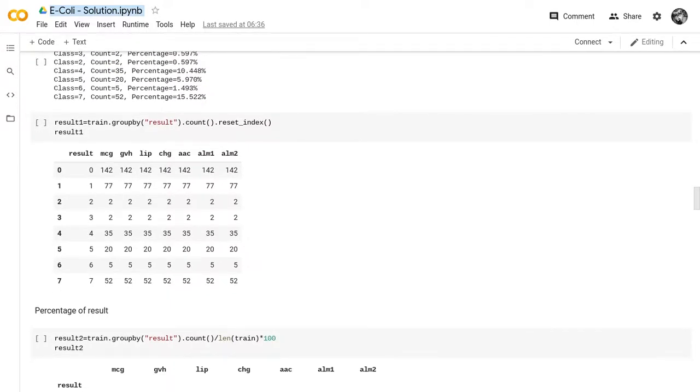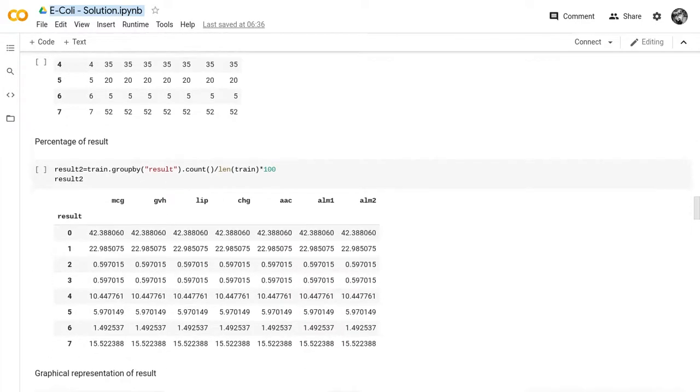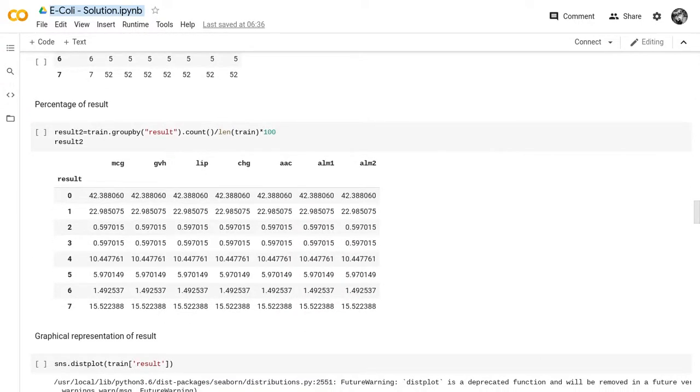So now we do another group by section just to see how many we have of each. And yep, it's the same. So now what we do is we check the percentage of the results.